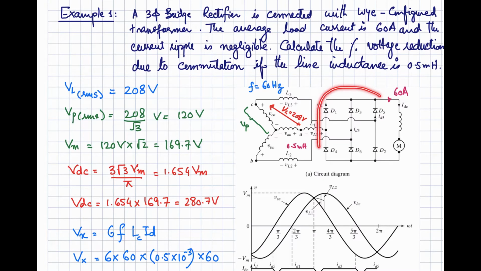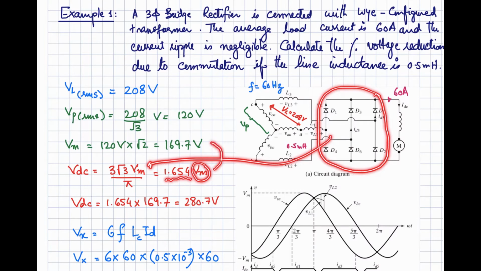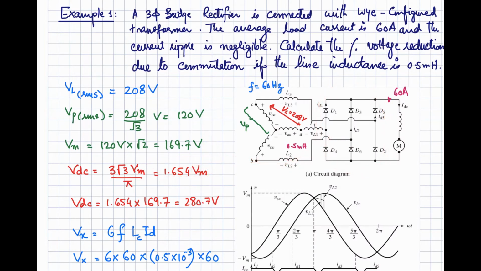We have already discussed that the three-phase rectifier provides at the output 3√3 Vm by pi, that is 1.654 times Vm, where Vm is the peak value of the phase voltage. Using this expression we can find the net DC voltage, and that is 280.7 volt if we do not consider the loss because of the line inductance.